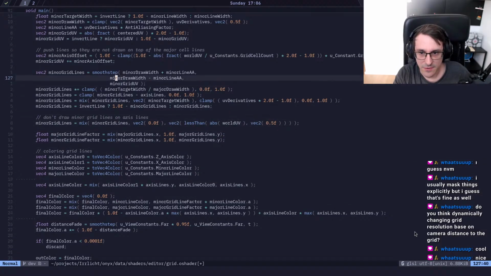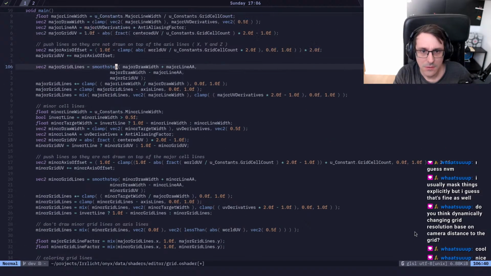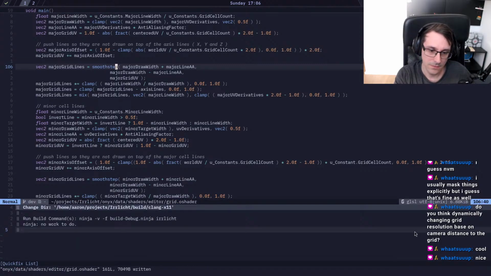Line 107 or something like that it was. Alright.